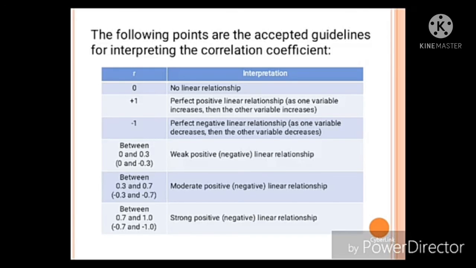If the r is between 0 and 0.3, or 0 and negative 0.3, it is interpreted as a weak positive or negative linear relationship, while the numbers between 0.3 and 0.7, or negative 0.3 and negative 0.7, are interpreted as a moderate positive or negative linear relationship. The numbers between 0.7 and 1.0, or negative 0.7 and negative 1.0, are interpreted as a strong positive or negative linear relationship.